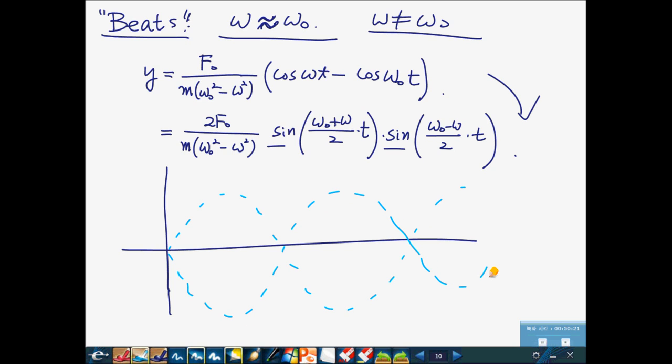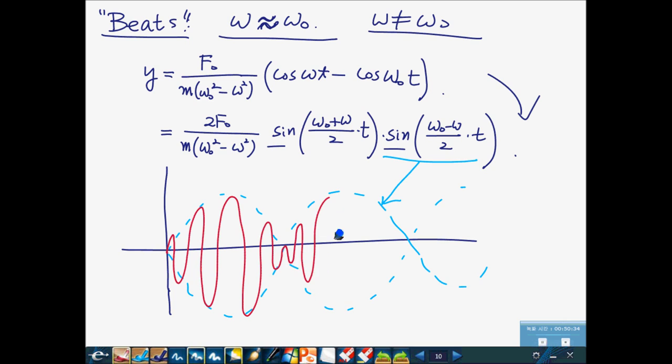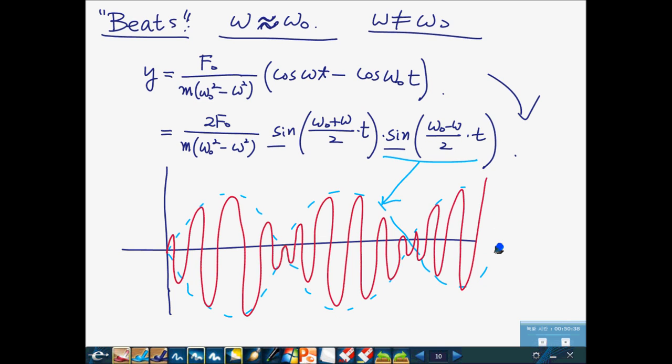And that is the asymptotic line by this. And you have this sine.